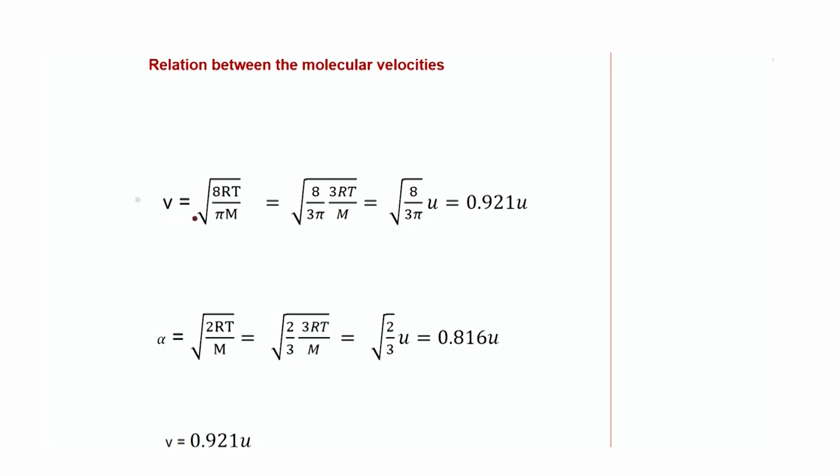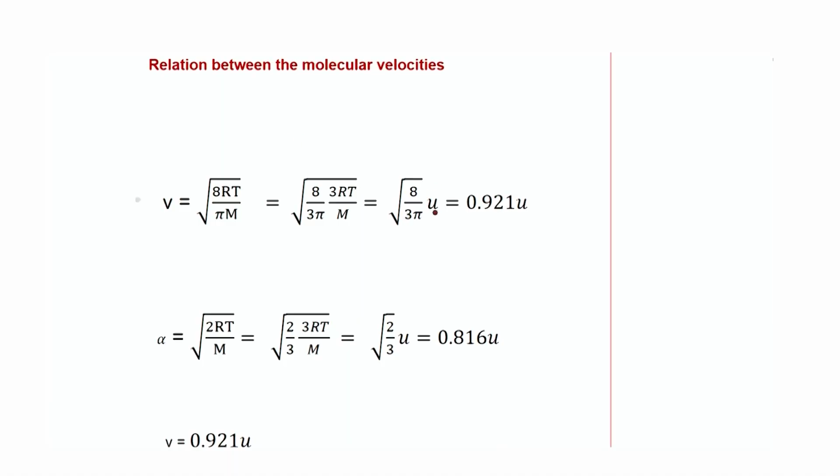v equals the square root of 8RT by pi m. What is v? That is the average velocity. Now, u is the root mean square velocity. I am going to take v in terms of u. u is equal to the square root of 3RT by m. So, I have to convert this fraction in terms of 3RT by m.